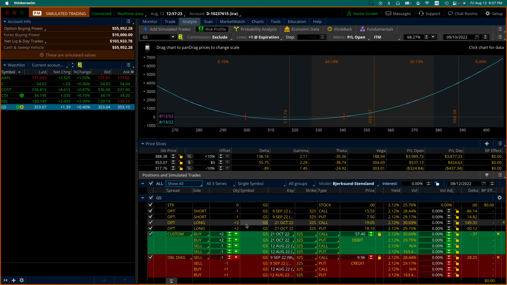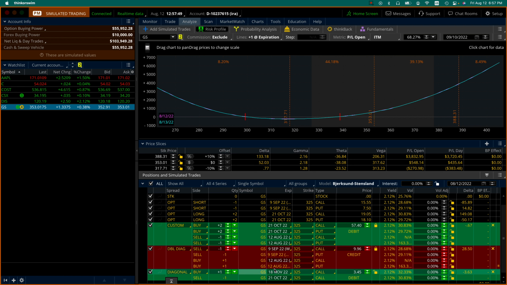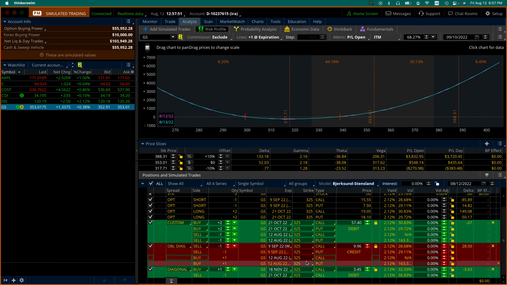If I were to sell that call, then I lose all the deltas. So you can do analyze rolling, and this is a roll up, which means you're going to sell your October 325 call, just one of them, because it's only one outstanding, and you're going to buy something at a higher strike price close to 350, around 350.